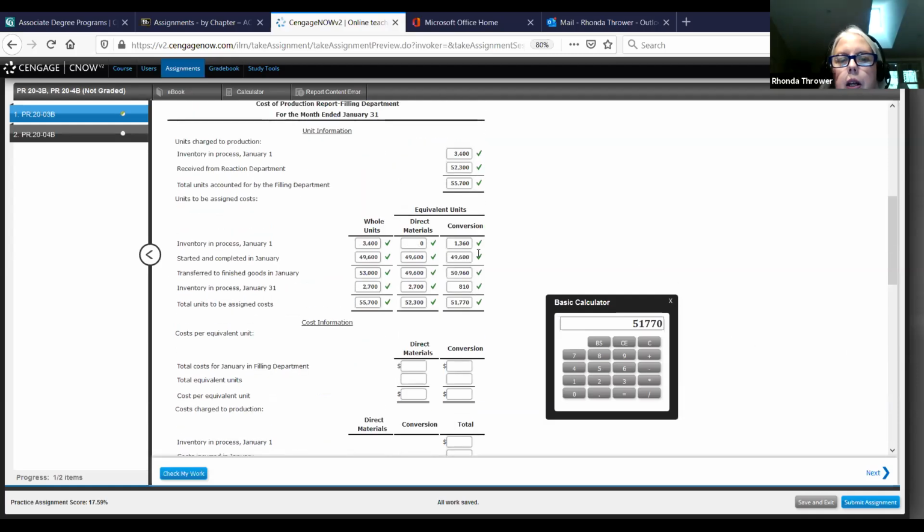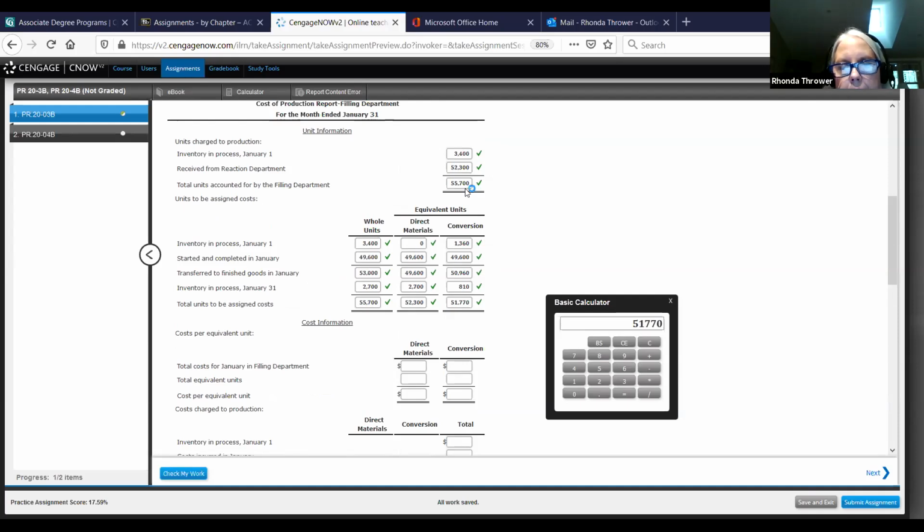All right, now in review, this is the first part of the cost of production report. It's only dealing with units in the first part. The first part of the unit calculation here is to find the total units to be assigned cost.